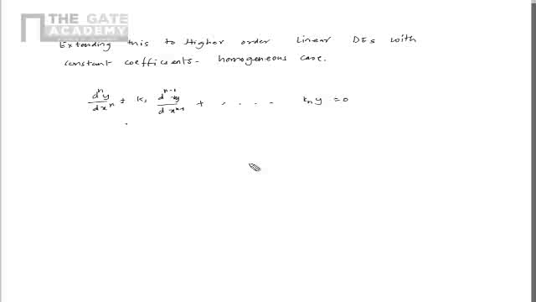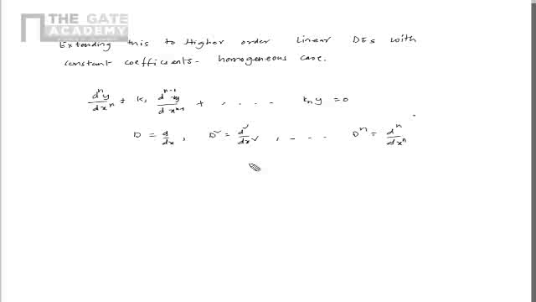Now in most of the maths literature on differential equations, in order to avoid cumbersome writing, d is denoted by d/dx, d squared is denoted by d²/dx², and so on. So D^n will be (d/dx)^n, the nth order derivative.